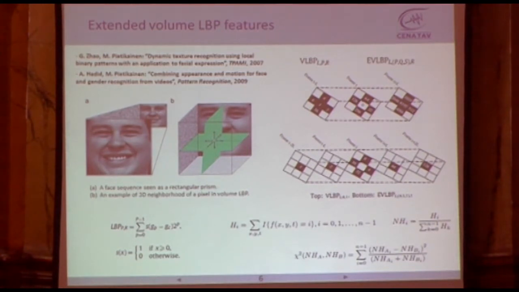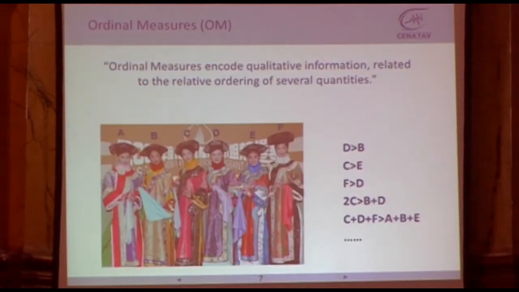In this case, instead of comparing pixels of one image, they compare pixels from different images in the face sequence. So our idea was to take inspiration from this method and extend it using the ordinal measures representation, which is a very similar idea, but a more flexible, extended representation.